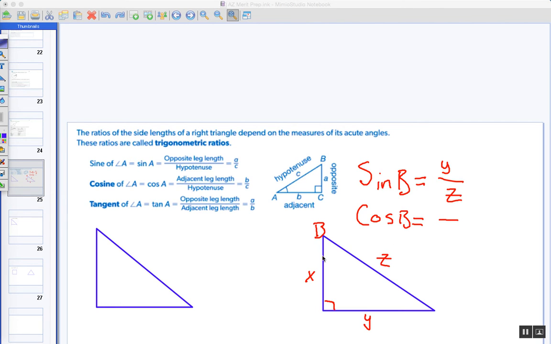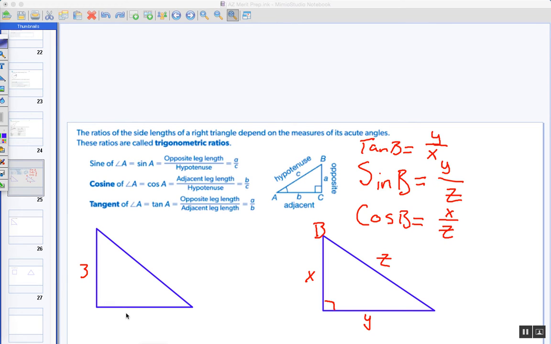So adjacent to B means next to, is X, and hypotenuse is still Z. And tangent of B is the ratio of its opposite side. So opposite B is side Y to its adjacent side, X.